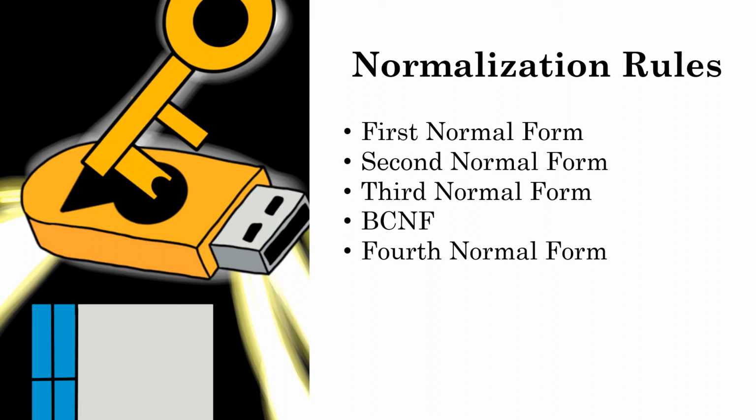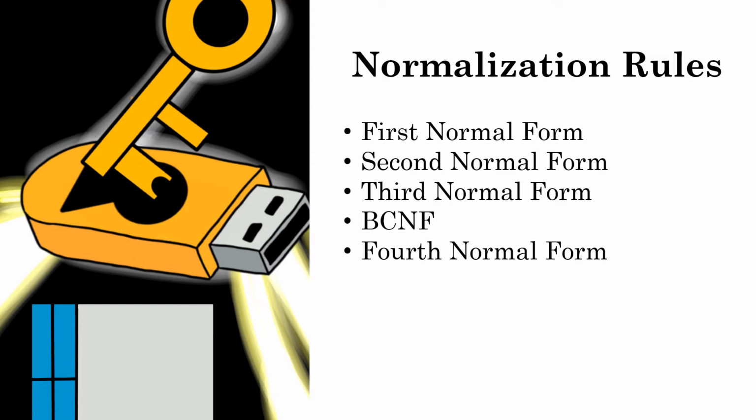Several normal forms have been proposed: the first normal form, the second normal form, the third normal form, and the Boyce-Codd normal form, together with the fourth normal form.